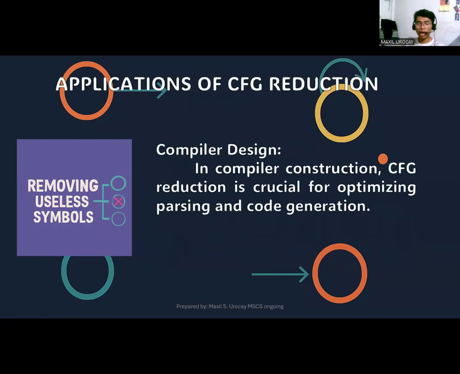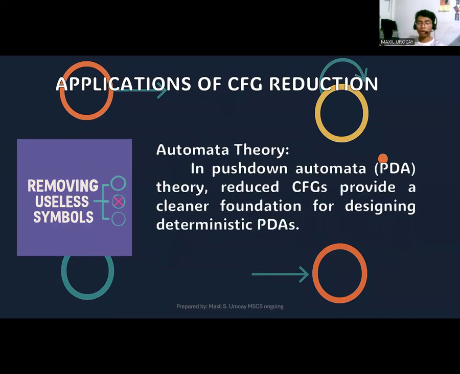And compiler design: we can apply CFG reduction in compiler design. CFG reduction is crucial for optimizing the parsing and code generation. For automata theory, especially in pushdown automata, reduced CFGs provide a cleaner foundation for designing deterministic pushdown automata.